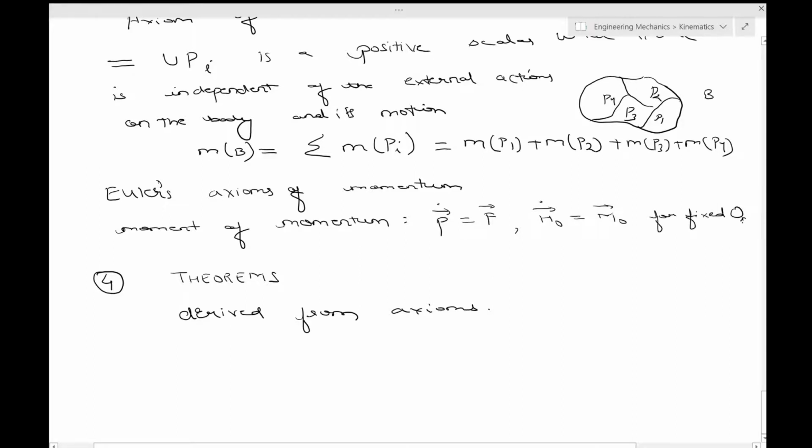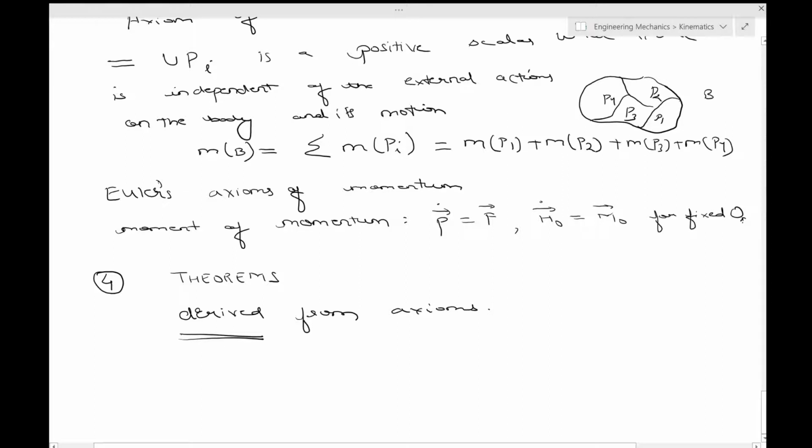Based on these defined entities we have axioms, say the axioms of mass or the conservation of linear momentum and angular momentum and moment of momentum. And from these axioms we derive certain theorems.